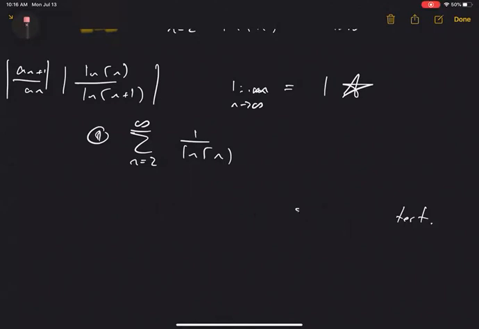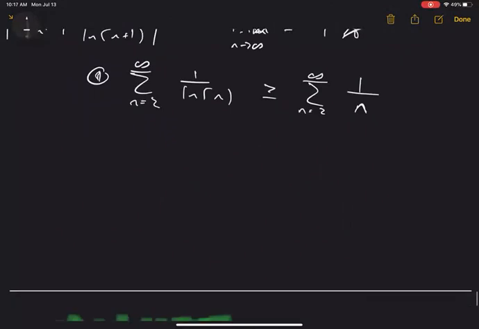It'd be a lot easier to do divergent by comparison test, right? This is going to be greater than or equal to the series, let's see, 1 over n, right? And yeah. So divergent by comparison test. Okay.